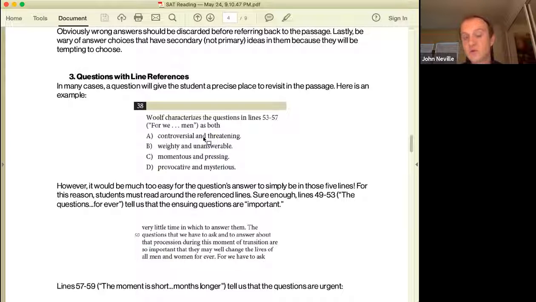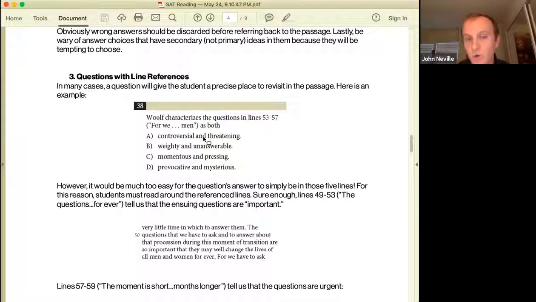But on average, the test takers are 17 years old, which means it would be much too easy to say, go look in these 5 lines and find the right answer, and then come back and cross off the 3 wrong answers. That's more of a middle school level reading comprehension question, maybe a freshman in high school, but it's not sophomore, junior, or senior year difficulty.